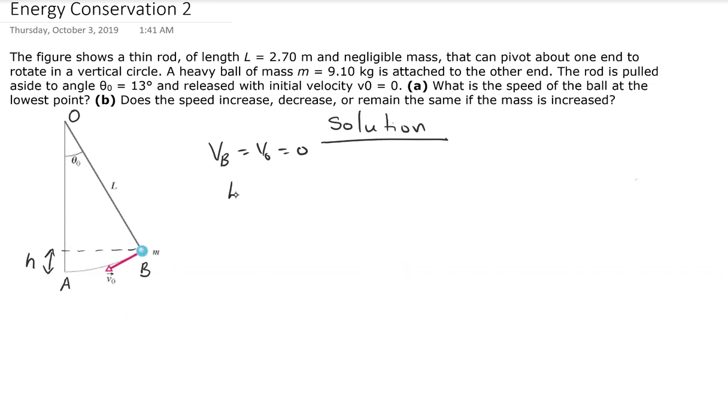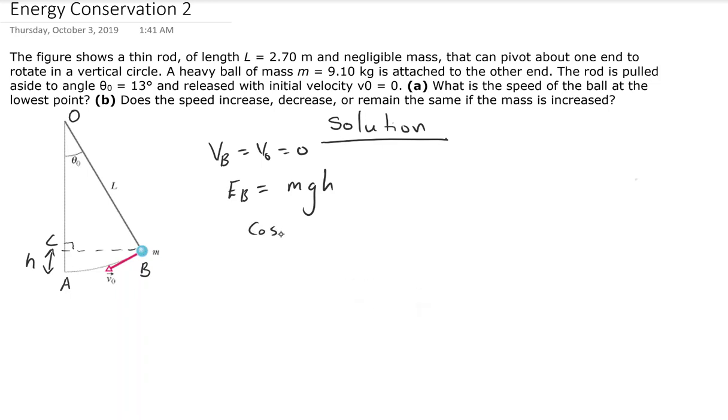The only energy the ball has at point B is potential. So I can say EB is mgh, where h is the relative height of B with respect to A. Now, how do we find this height? We can see from triangle OBC, we have a right angle here. This rod has a length of L, so we can find the distance OC.